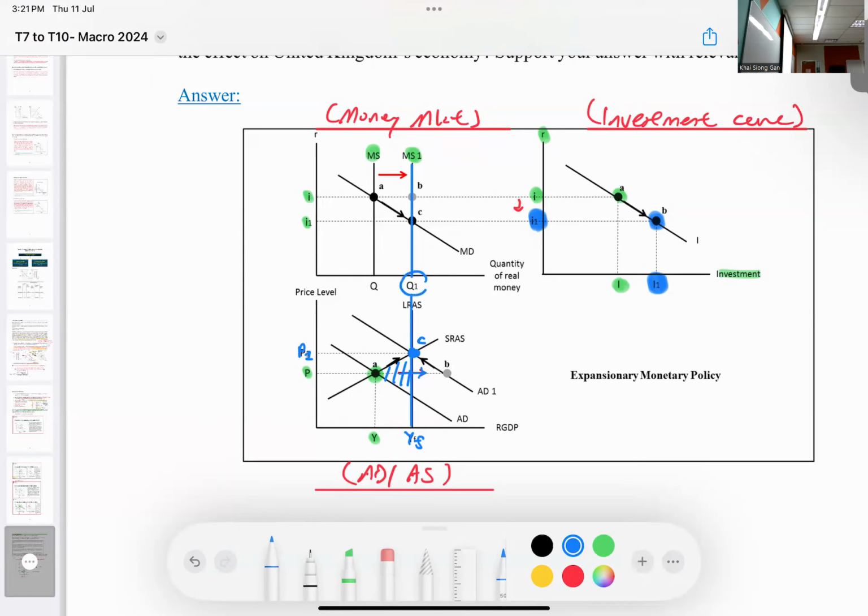This amount of money at this interest rate is being used to purchase all these outputs in the economy. That's why we draw like this, to make sure it's seen and translated together.